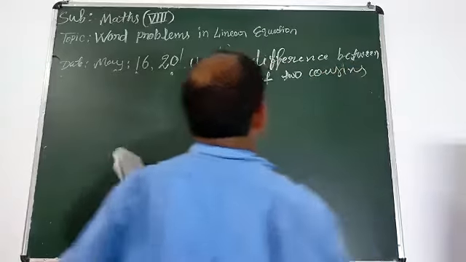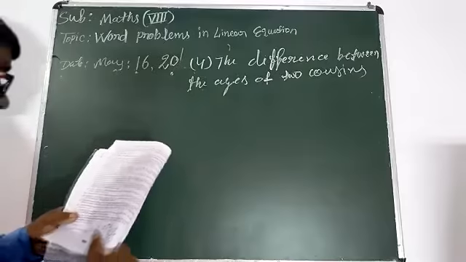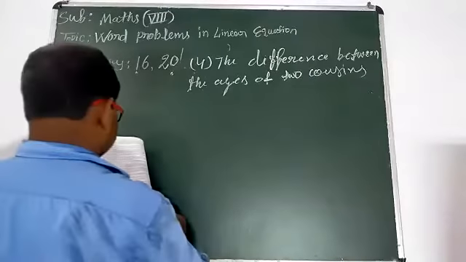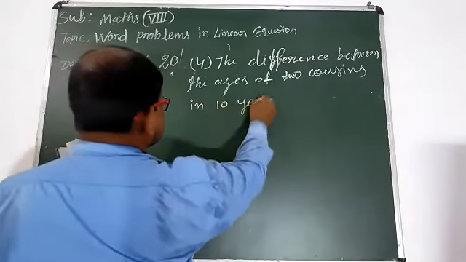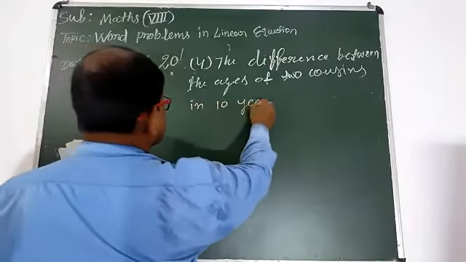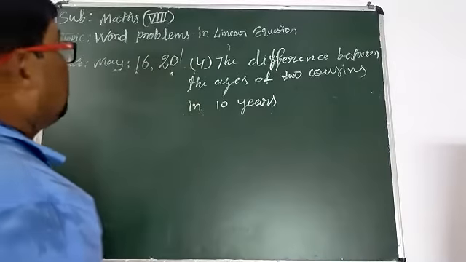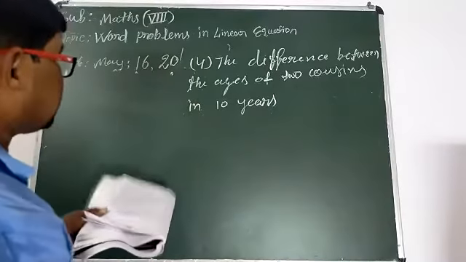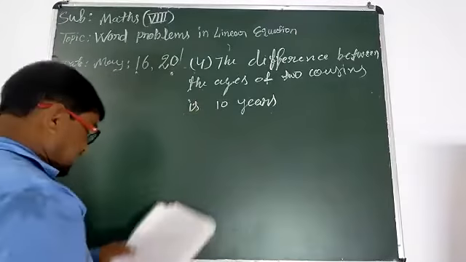The difference between the ages of two cousins is 10 years.